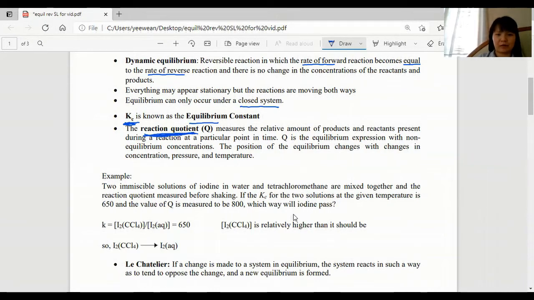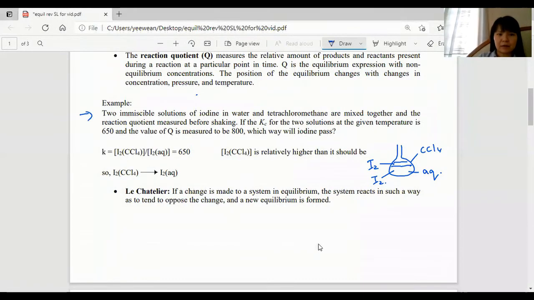So it might not have reached equilibrium yet. This quotient will help us gauge whether that reaction is going to move more to the forward reaction or more towards the reverse reaction. So this helps us gauge which direction the reaction is going to go.